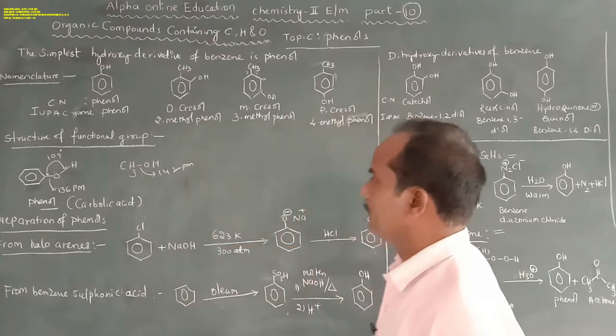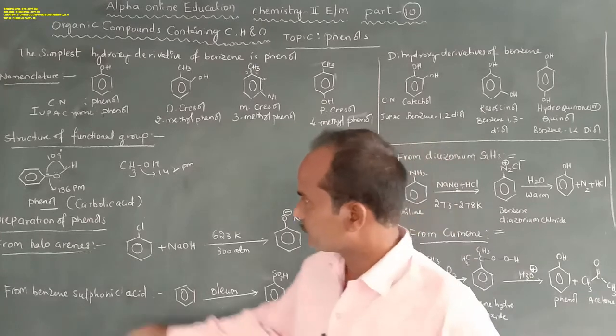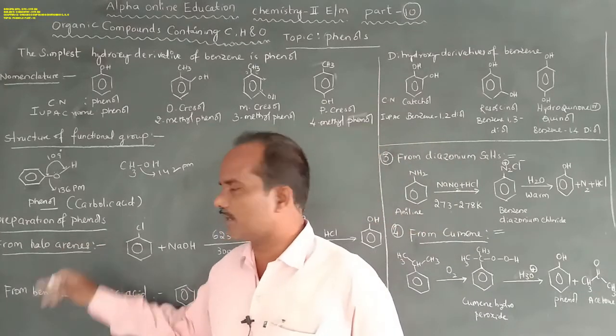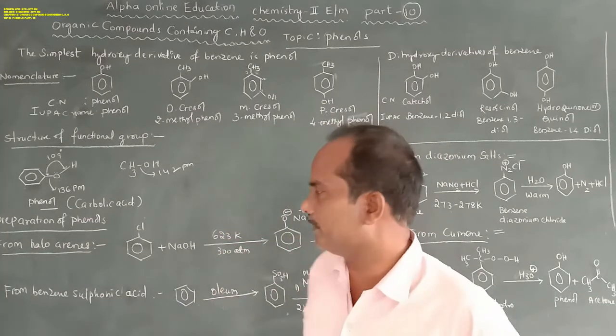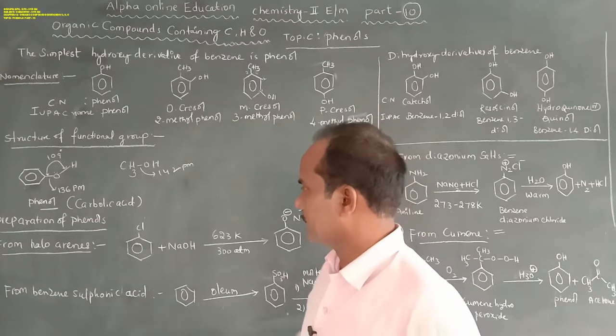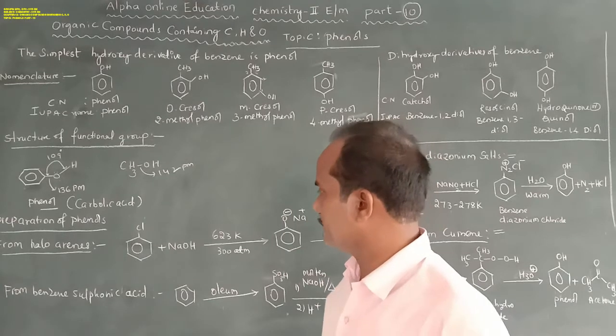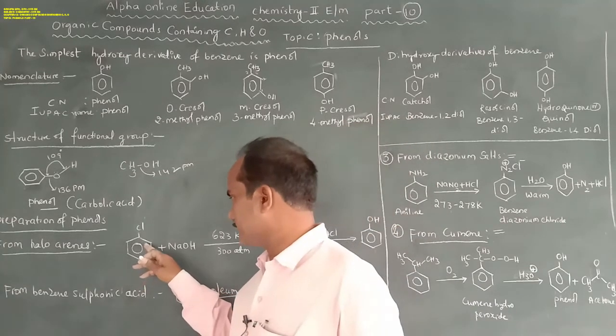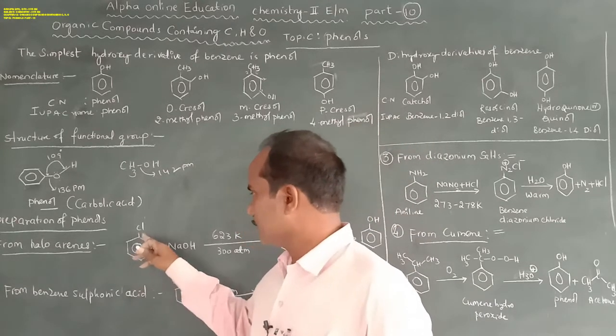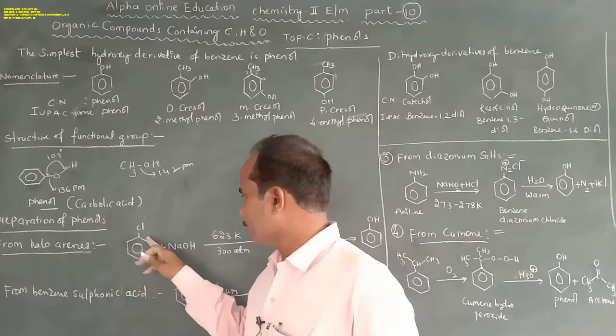Then let's see the preparation methods. Here are the commercial preparation methods of phenols. First, from haloarenes. This is an aromatic ring, chlorobenzene.